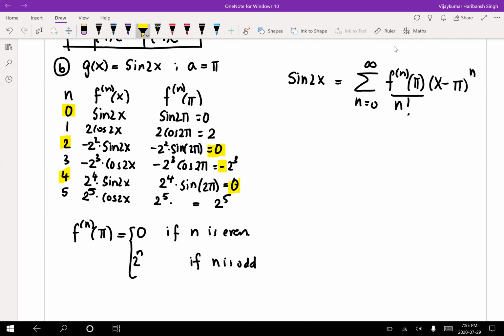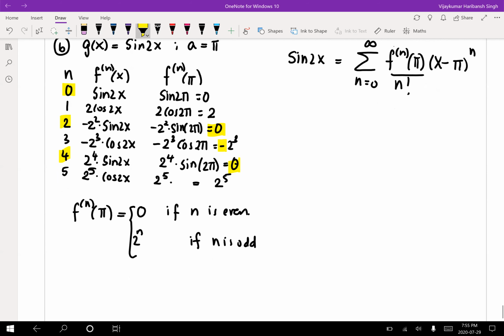So notice, what is the connection? It depends again on your k.